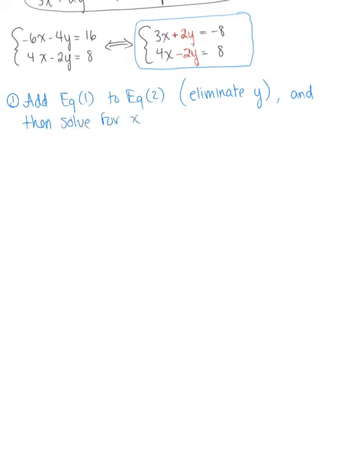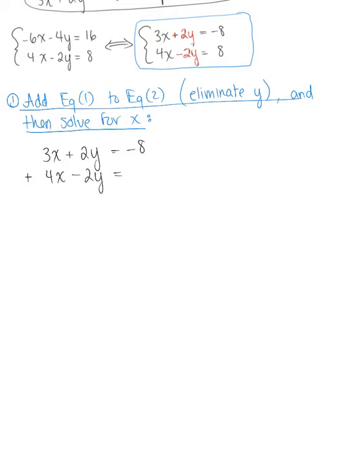And I want you to note this is only one possible way to solve this. If you didn't solve it exactly the same way as me, that's okay. As long as your algebra is accurate and consistent, you're fine. So I'm taking equation 1. I have 3x plus 2y equals negative 8. And I'm adding equation 2 here, which is 4x minus 2y is equal to positive 8.